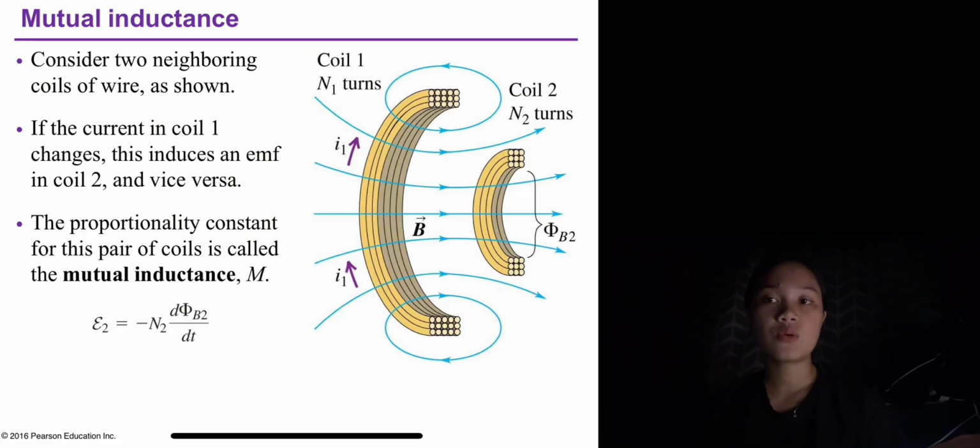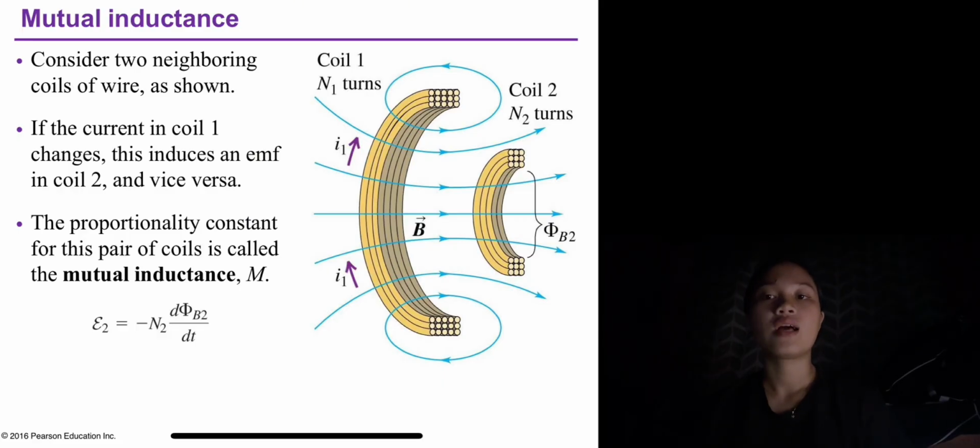The second coil responds even though it is not directly connected to the first. This interaction is known as mutual inductance. This is represented by the symbol M right here. The closer the coils and the greater the magnetic fields overlap, the stronger the mutual inductance.